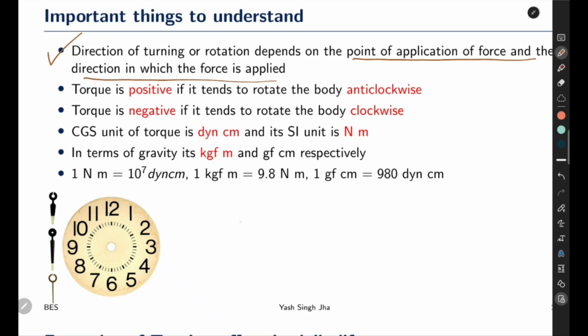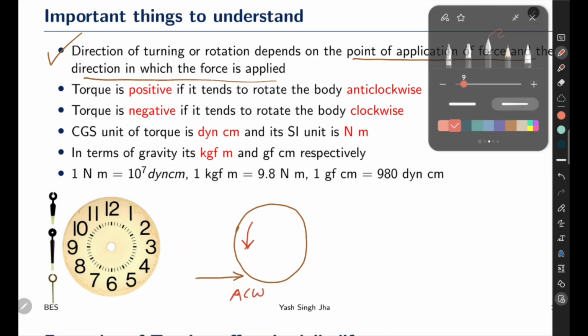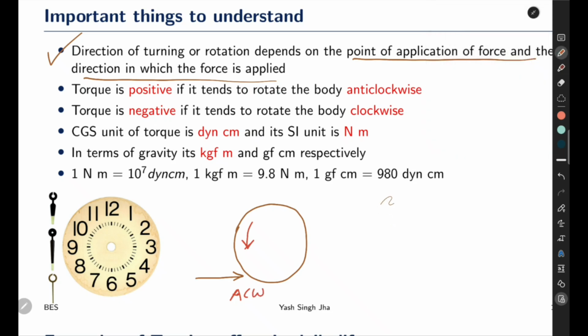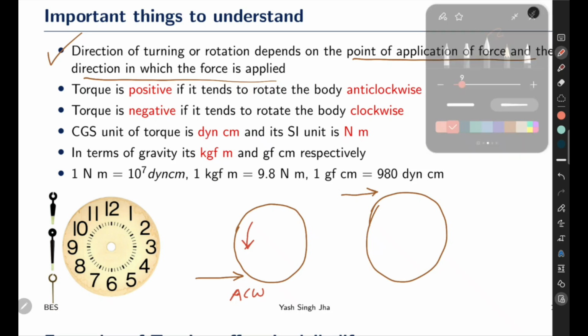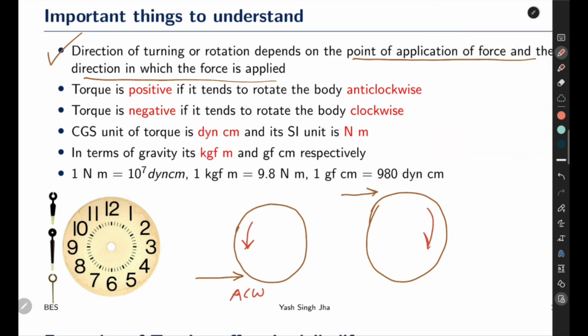For example, if this is the body and the force is applied here, the body will rotate in an anti-clockwise direction. Similarly, if there is another body and the force is applied at this point, this force will turn the body in a clockwise direction.